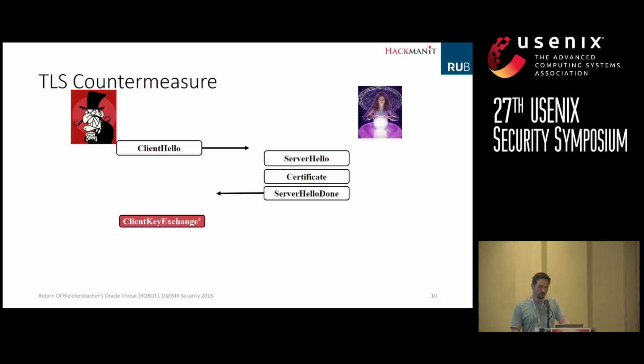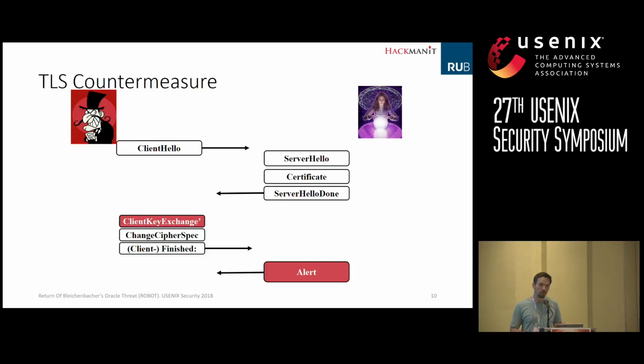Okay, so what is the countermeasure that was applied in the TLS specification? The countermeasure is, in theory, very simple. What the server needs to do is to always respond with the same alert message, so that the attacker cannot distinguish valid from invalid messages.